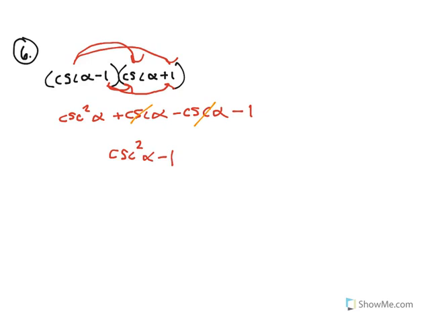And this has, again, most of the parts and pieces of one of the Pythagorean identities. So we know that 1 plus tangent squared is secant squared. And we also know that 1 plus cotangent squared is cosecant squared.